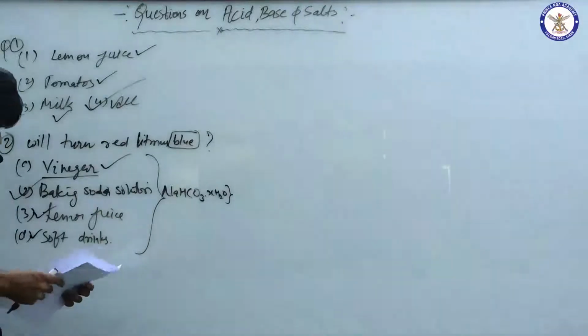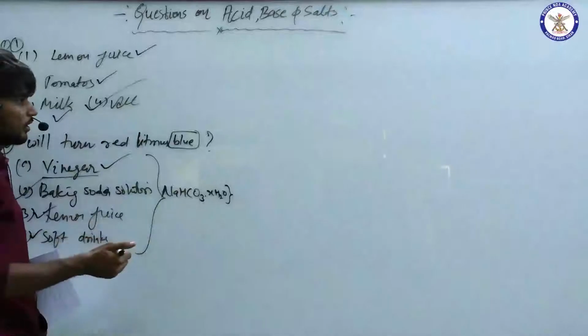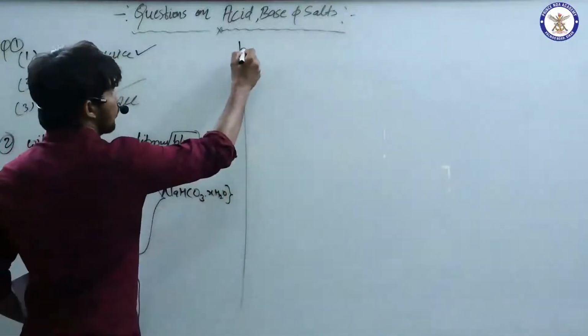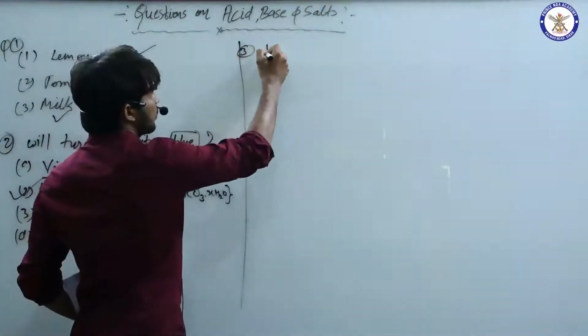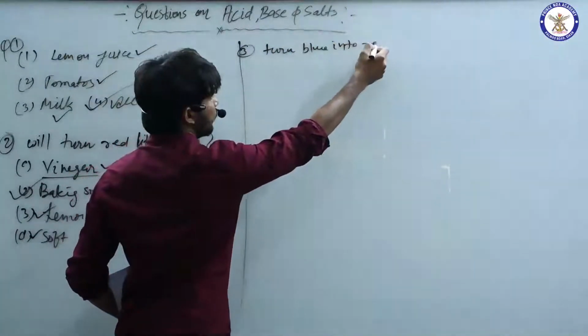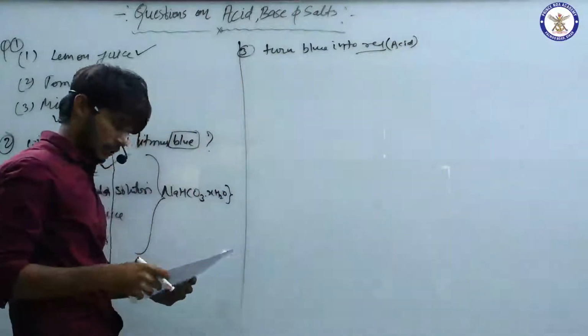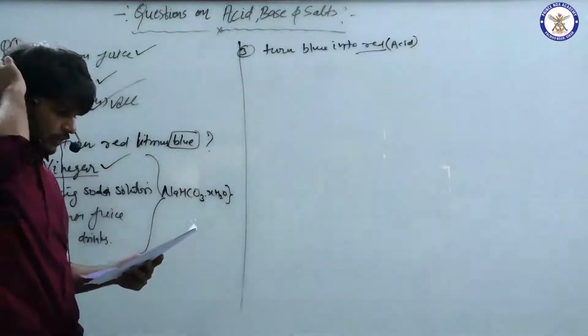Next, which one of the following will turn blue litmus red? Now next question है, third, turn blue into red. It means I need to find what? Acid. Which one of the following is acid? In other words, it is asking you which of the following is acid.